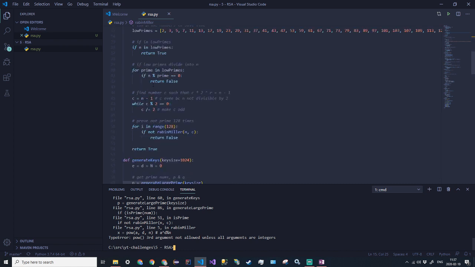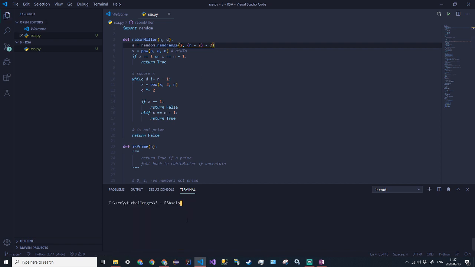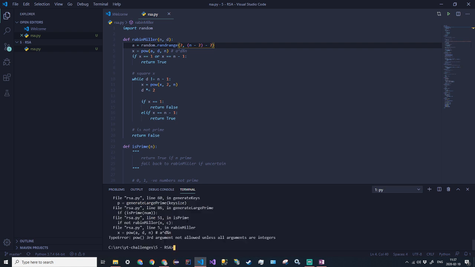Let me make sure that I pass in n. Third argument not allowed unless all arguments are integers. So we know d is an integer, so maybe I just have to convert this to an integer.